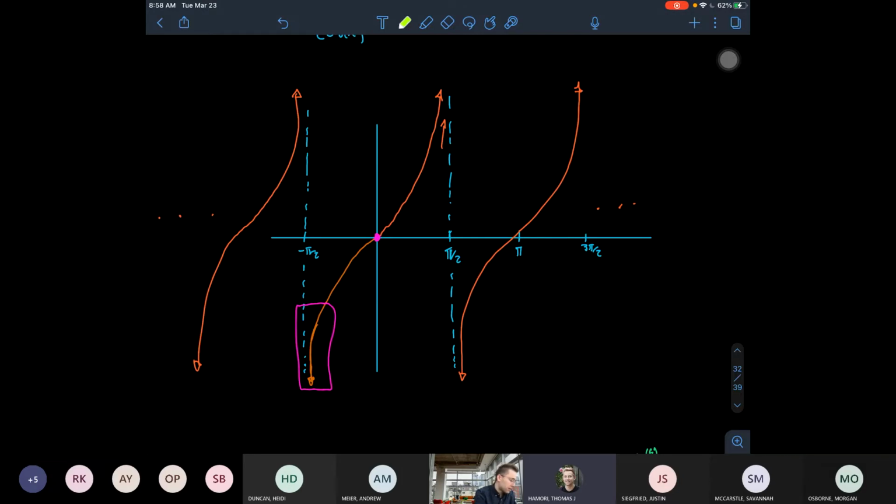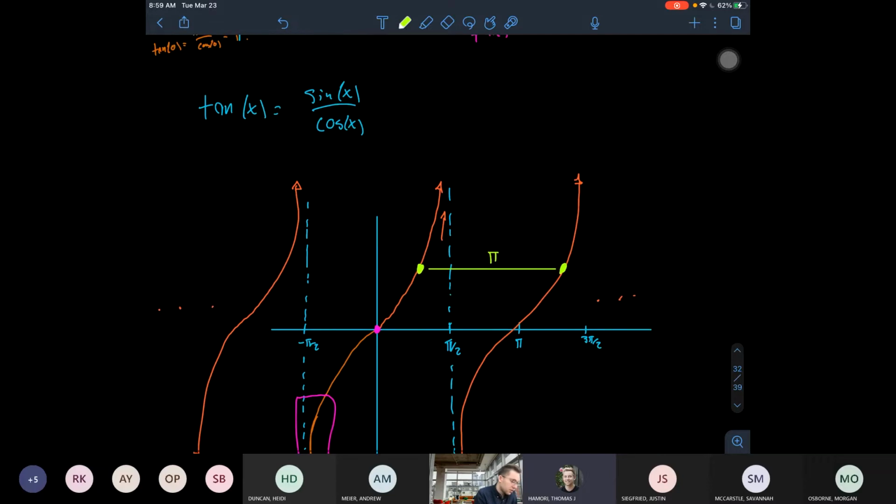It turns out that the height of a point on the tangent function is the same as the height of points which are a certain distance away. And this distance, rather than being 2 pi like it was for sine and cosine, turns out to be just pi. Okay, so tangent is a pi periodic function.